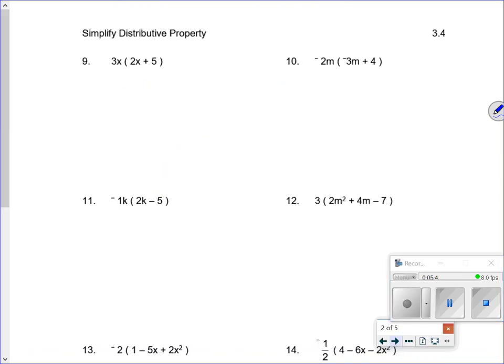Okay. Now we're going to extend this just a little bit to some of the things that we've done before. A little bit I want you to remember right here is that if you have x times x, you have to change that to x squared. So in this first one, we have 3x times 2x plus 3x times 5.